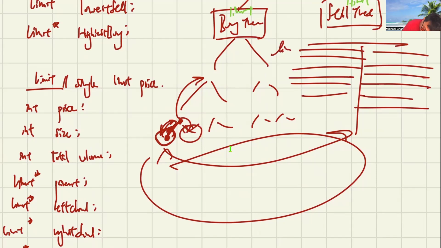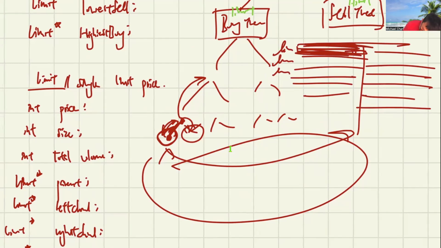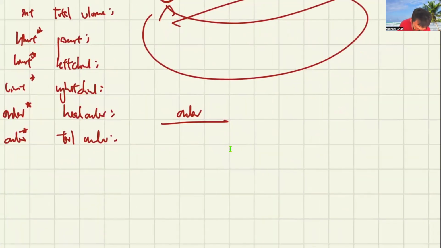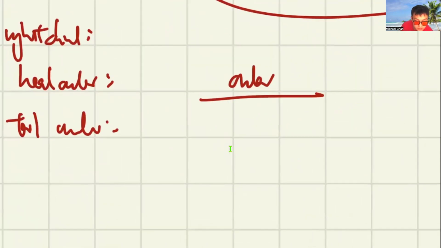And within each limit, there will be a bunch of orders. And so each limit price in itself is a doubly linked list. It is a doubly linked list of what, you might ask? Of orders. Ah, okay. Makes a lot of sense. In itself, a doubly linked list of orders.